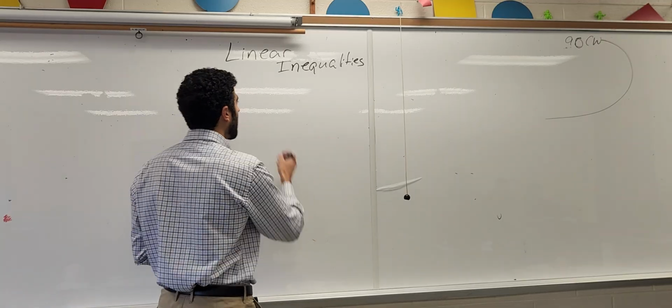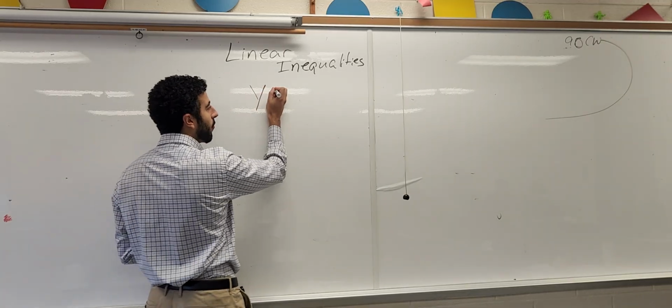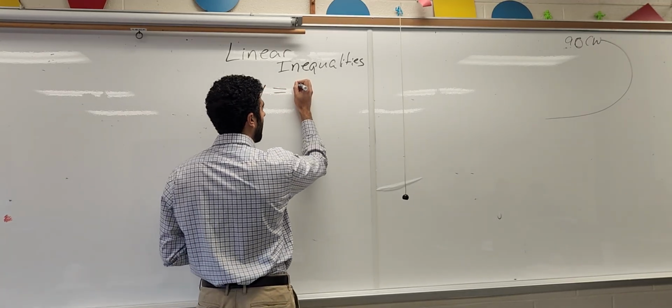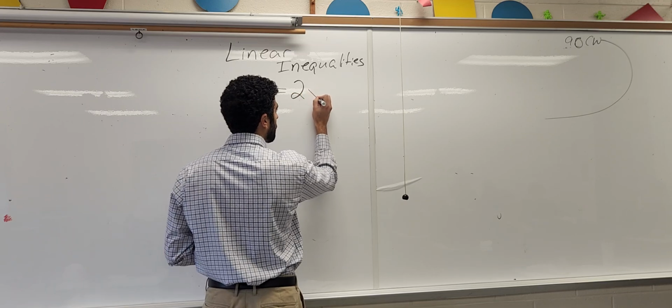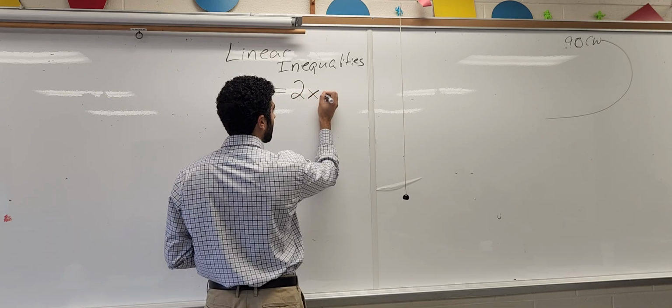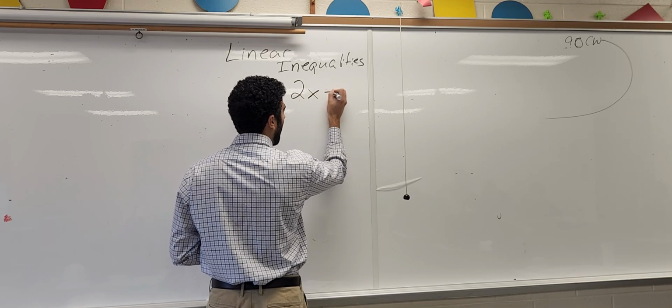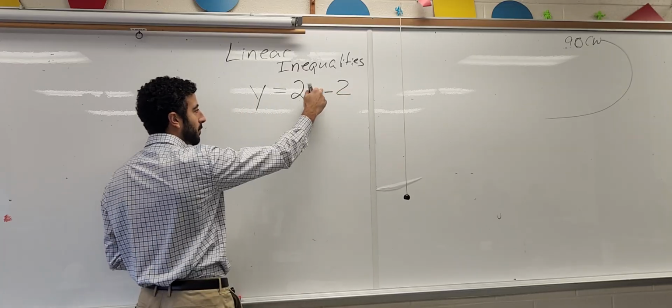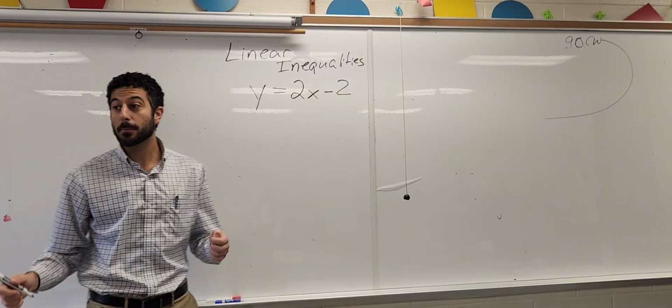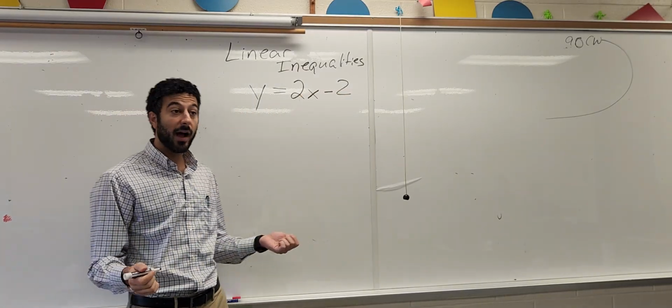So you guys have seen the equation, for instance, y equals, let's just say, 2x minus 2. Let's use that as our sample equation. Hopefully by now you're all really good at graphing this.